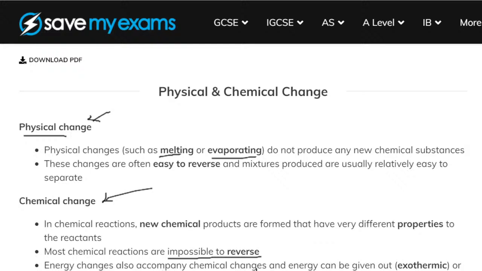Later on, we'll get to know how we can tell this is a chemical change. I think it's not in these notes, but we have different ways we can determine something is taking place. Number one is the smell. When something is reacting, the smell produced can give us a sign that a chemical change has taken place.